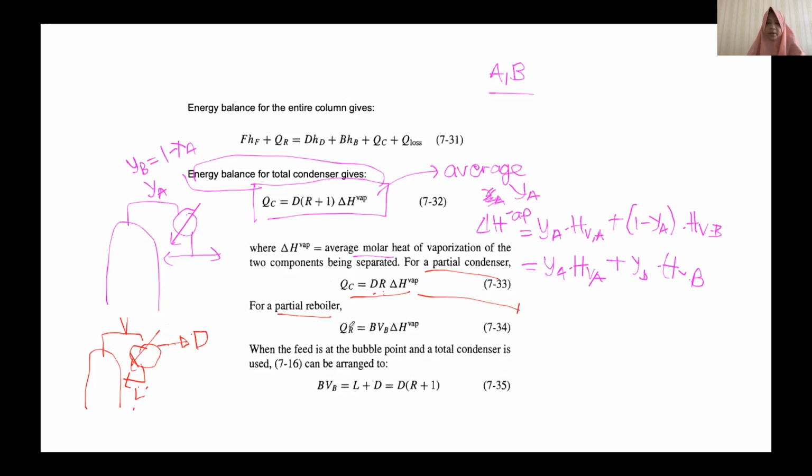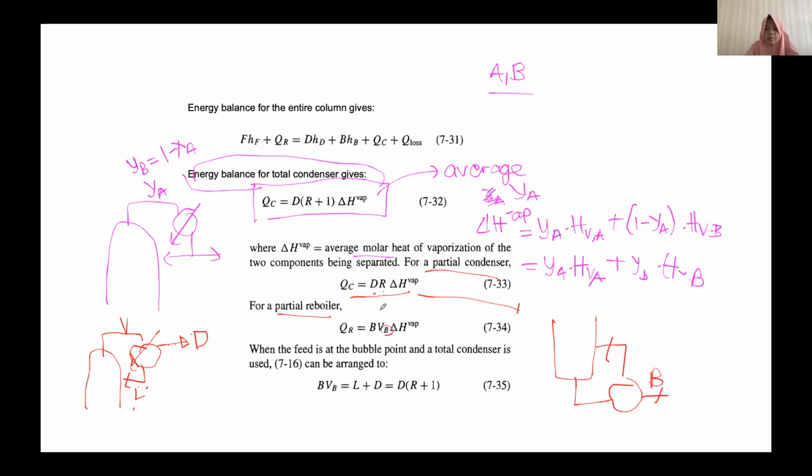And for the partial reboiler, the schematic would look like this. So this is the B, and the partial reboiler would be B. What is VB? I need to check this one.